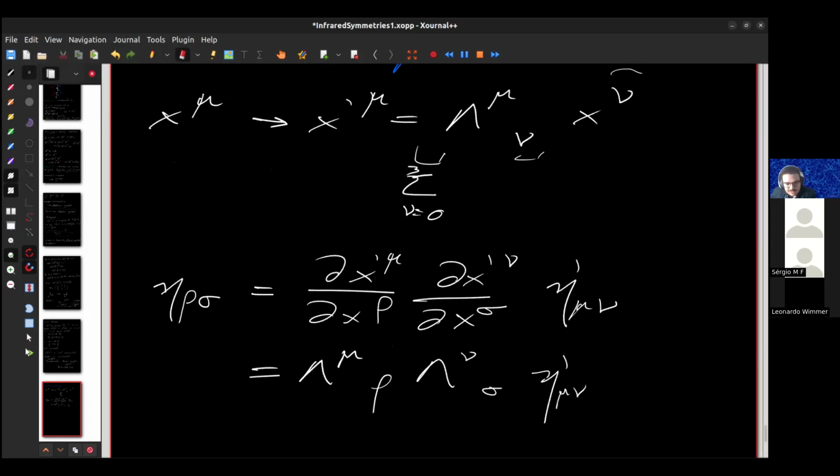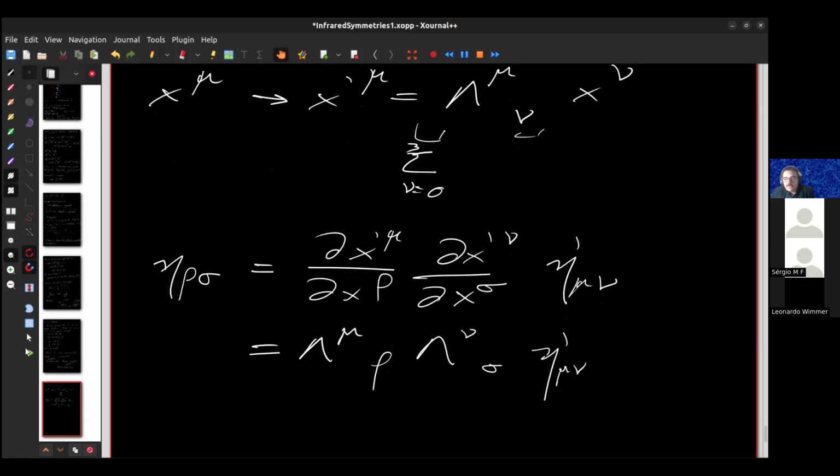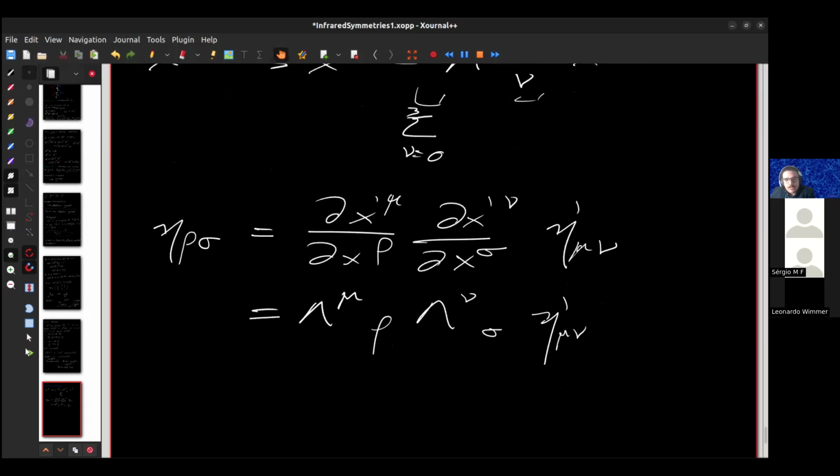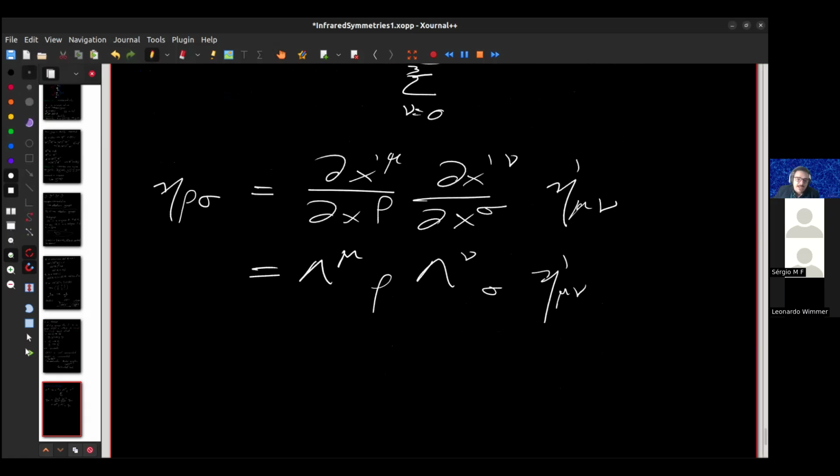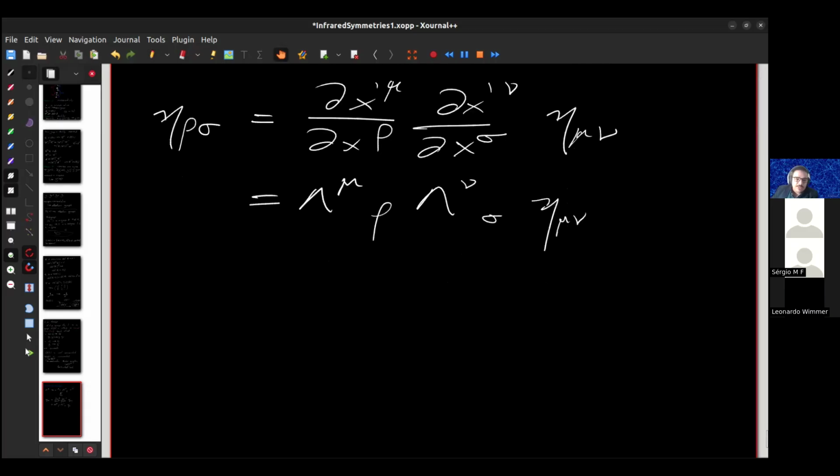I'm going to ask to further simplify this transformation. I'm going to ask that the transformed version equals the original version. There are other transformations that do not satisfy this, but I'm going to ask that this thing holds. So I'm asking something a little bit stronger. When I do this, I can use the following notation.